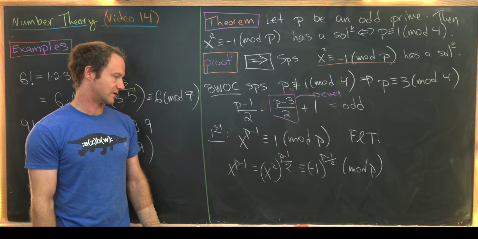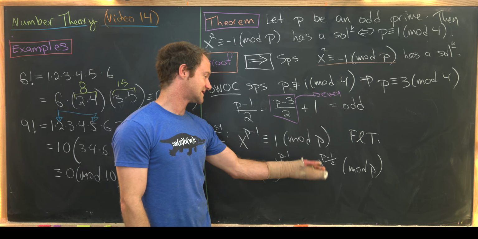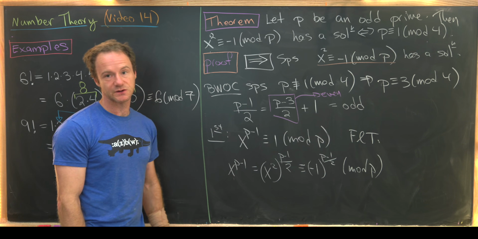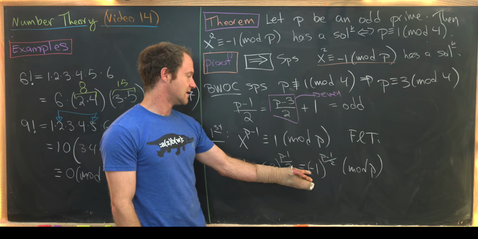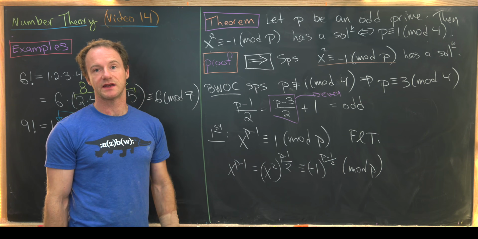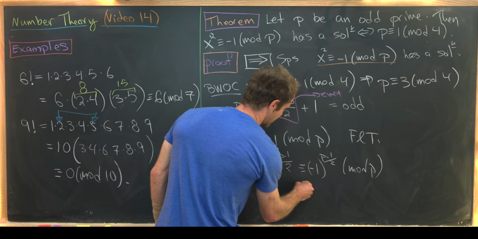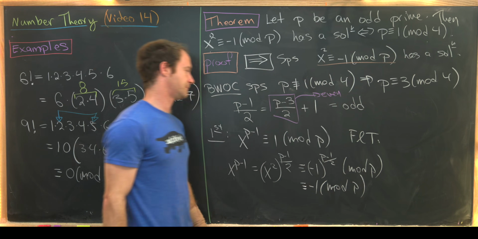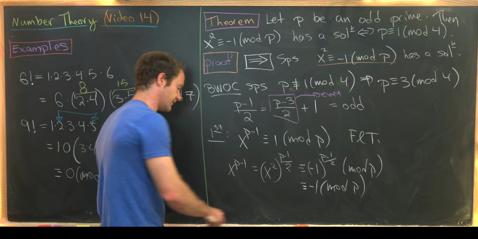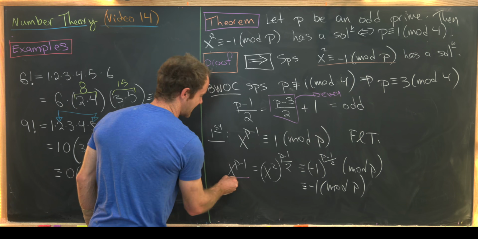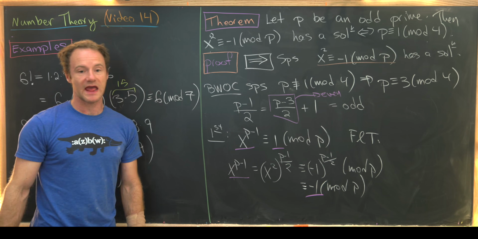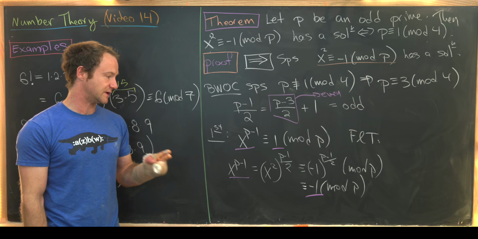But now we've got a problem, huh? Because now this is all congruent to minus 1 mod p. Why is that? Because we've got minus 1 to an odd number, which clearly gives us minus 1. But what do we have? We've got x to the p minus 1 simultaneously congruent to 1 and minus 1 mod p.